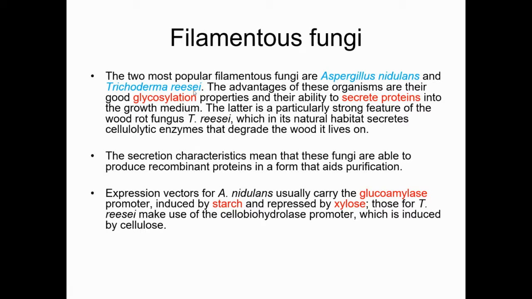So basically they have a good glycosylation property, and also they can secrete the protein into the growth media. And this secretion is very important because you can purify the protein easily, okay?